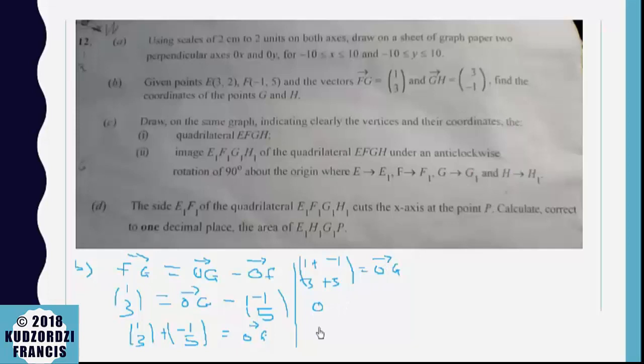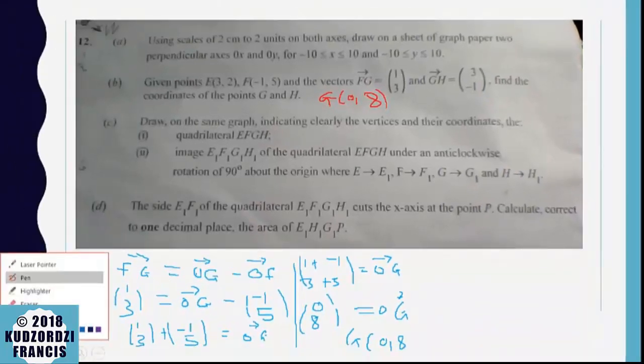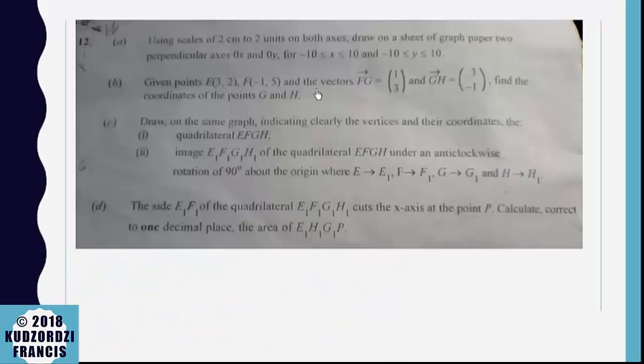So we have (0, 8) is equal to OG. So we can say that the coordinates of G are (0, 8). So G has coordinate (0, 8).